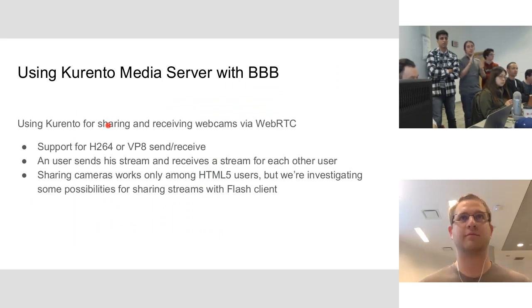So, individual streams. The code that we currently have, which is a branch in BigBlueButton, works with sharing among HTML5 users, but we are also investigating some possibilities of sharing the streams with Flash so that we could get interoperability.